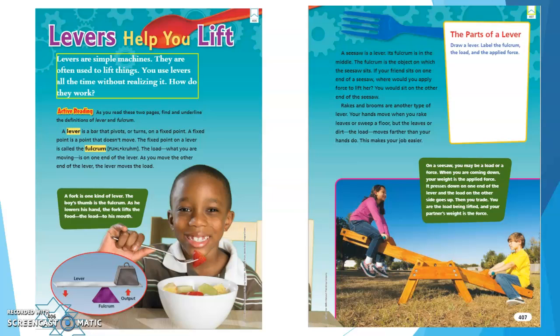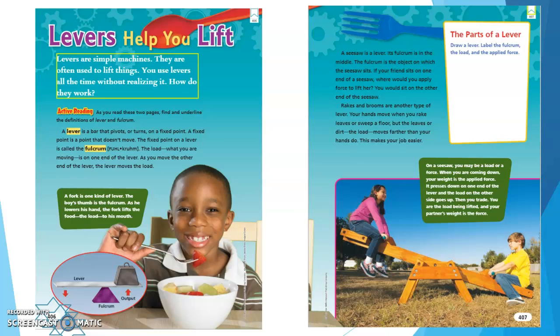The fixed point on a lever is called the fulcrum. The load, what you are moving, is on one end of the lever. As you move the other end, the lever moves the load.